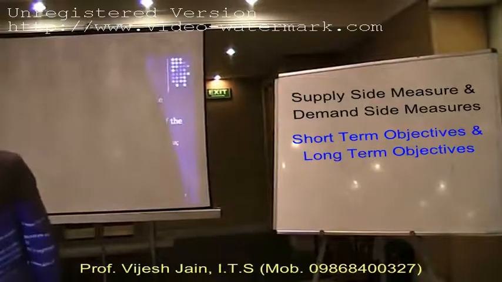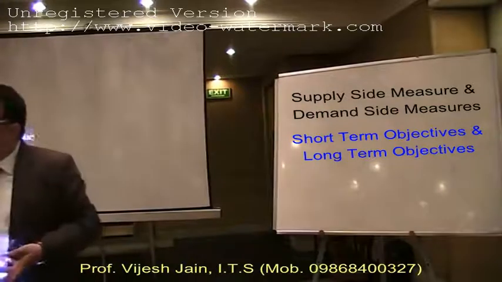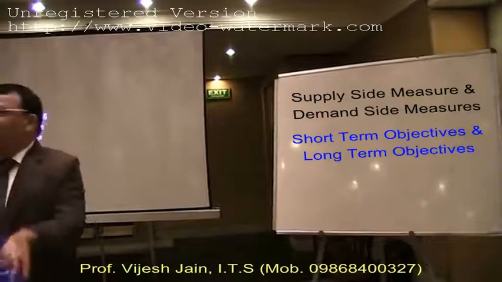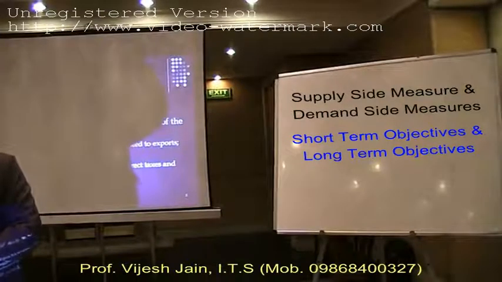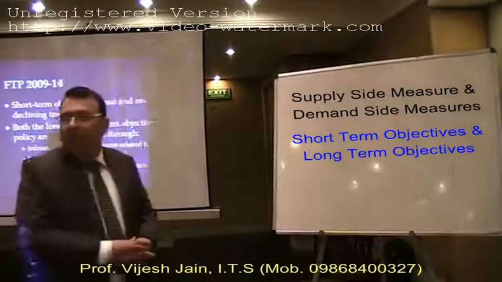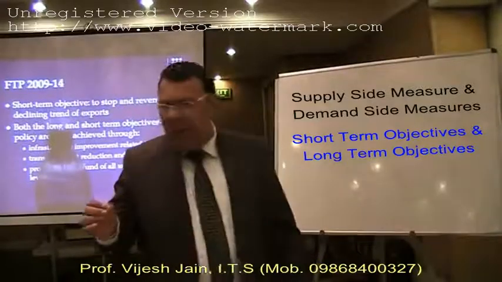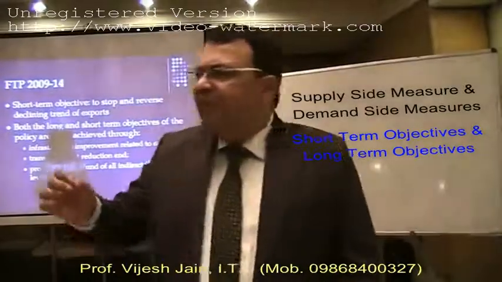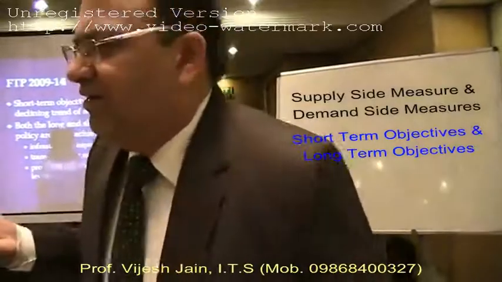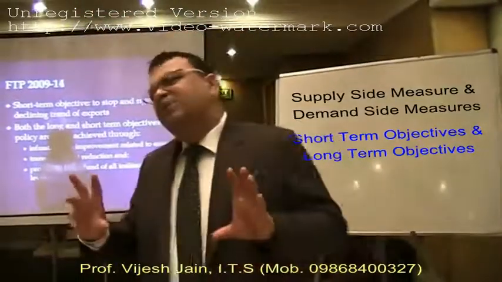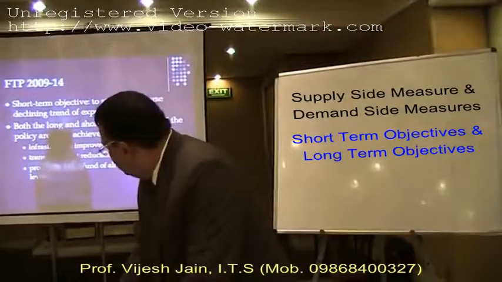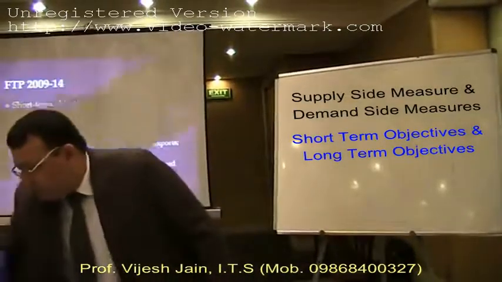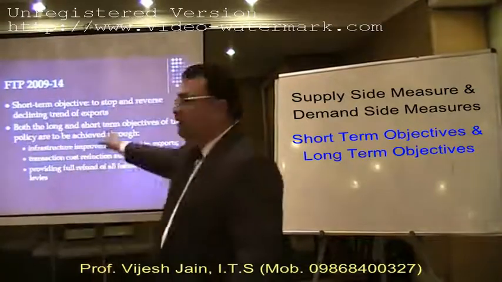And what is happening? If the duty concession is not there, your supply side will not increase. You will not be able to manufacture something which you can export. So again, it is a supply side initiative. So what the government does in foreign trade policy is nothing but an innovative document. It is an innovation with a specific purpose. And what is the specific purpose? It can be of 2 types. One can be the short-term objective, and the second can be the long-term objective.